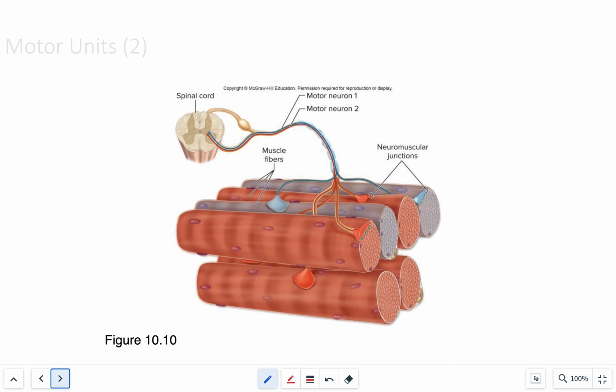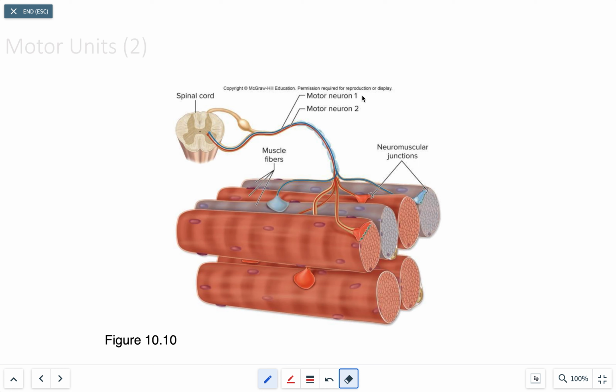So this is a picture of a motor unit. A motor unit is basically composed of a single motor neuron and all the muscle fibers it controls. So in this illustration, we see motor neuron number 1, which is shaded in blue, which is going to terminate, and it is going to control these muscle fibers here that are colored in gray.